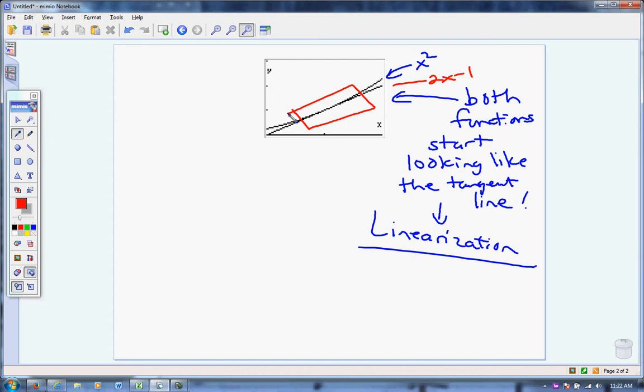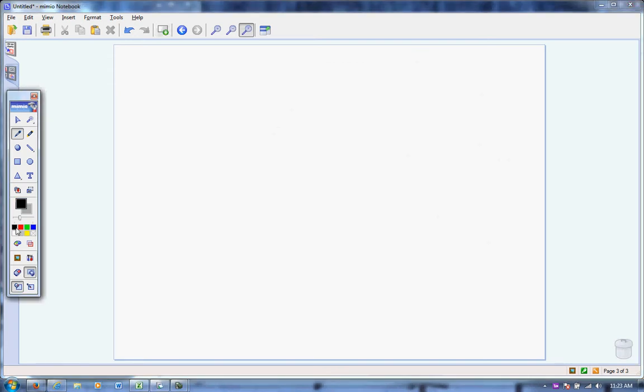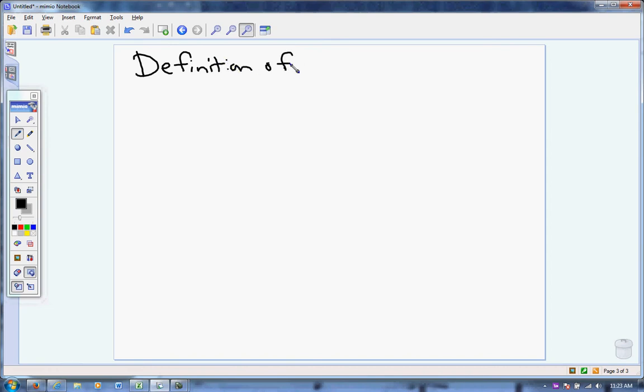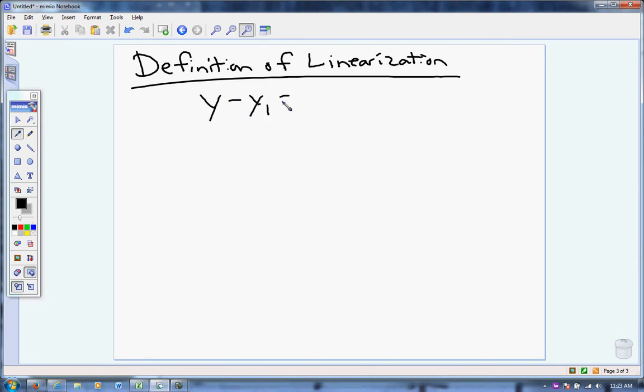So let's derive an equation here. Definition of linearization. Let's start with my old friend, the point-slope equation. Let x1 be equal to a.